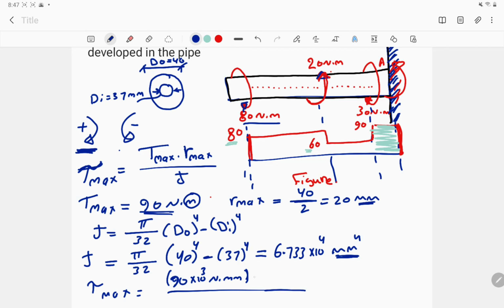Times R maximum, we said it's 20, and J is 6.733 times 10 to the power 4. The answer is going to be 26.7 Newton per millimeter square, which is 26.7 MPa. Okay, thank you.